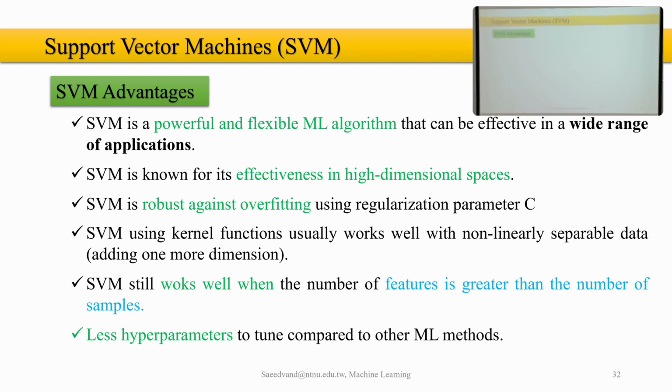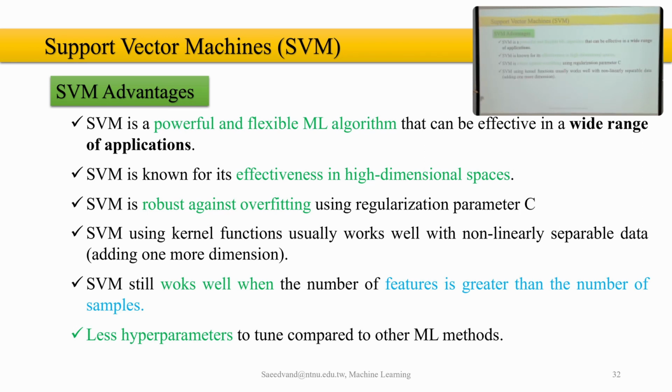What are the advantages of using support vector machines? We say support vector machine is a popular, flexible machine learning algorithm that can be efficiently used in a wide range of applications. SVM works very effectively in high dimensional space. If you have like 100 dimensions, SVM can work perfectly well. SVM is robust against overfitting because of that parameter C that we have.